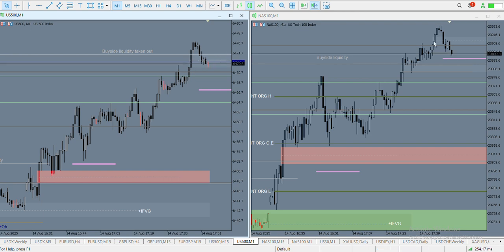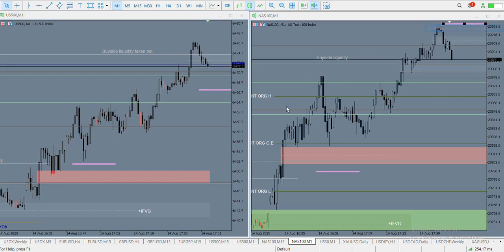I like the fact that we've stayed below this inefficiency. We've gone below this inefficiency and we've stayed below it. We've not really traded into the upper portion of this inefficiency. I like the fact that we've done that.